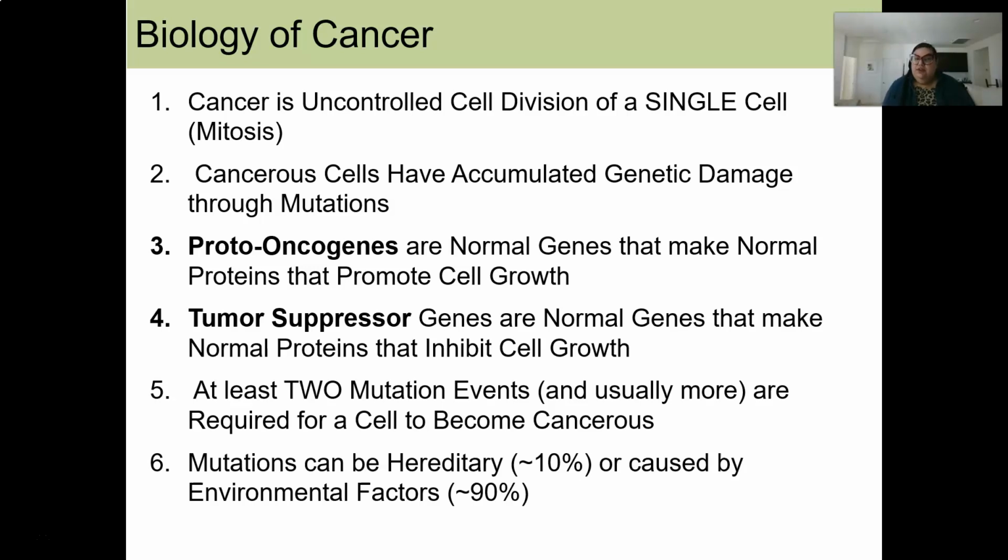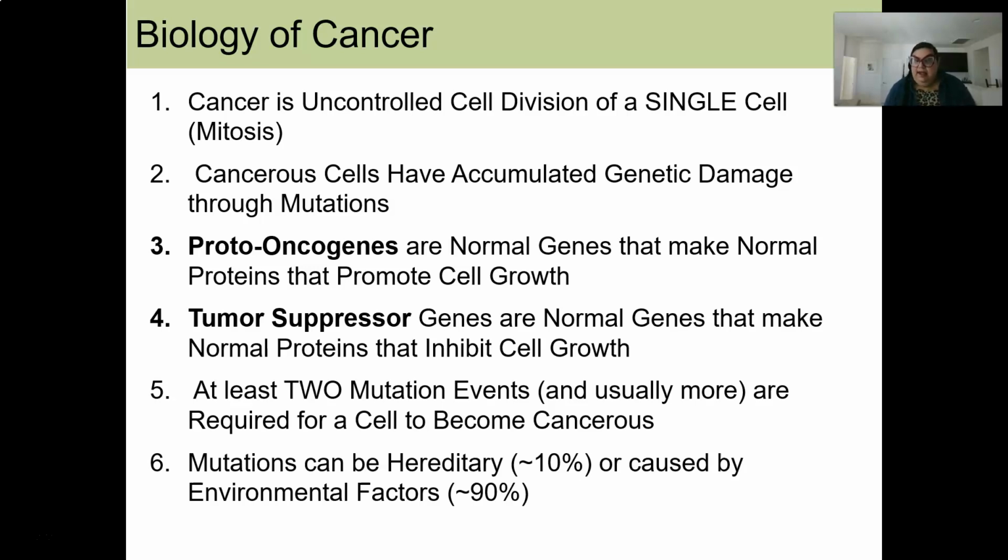Tumor suppressor genes, on the other hand, are normal genes that we normally have that make normal proteins that inhibit cell growth. So why would we want to inhibit cell growth normally? Well, sometimes our cells grow and grow and grow, and we're like, that's enough. We don't need as much growth.